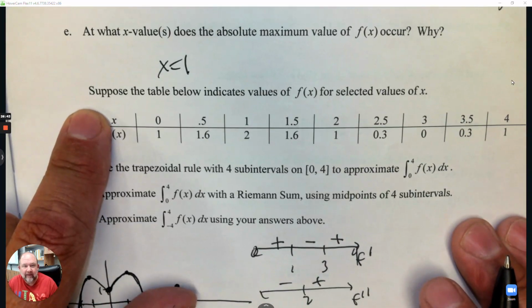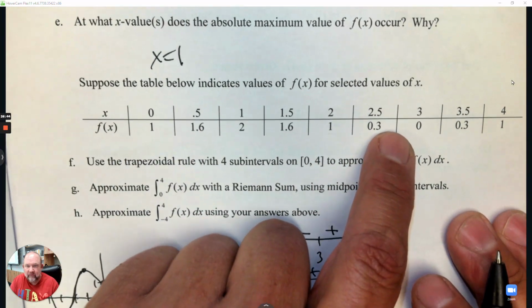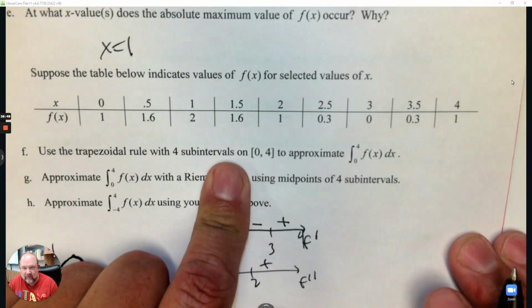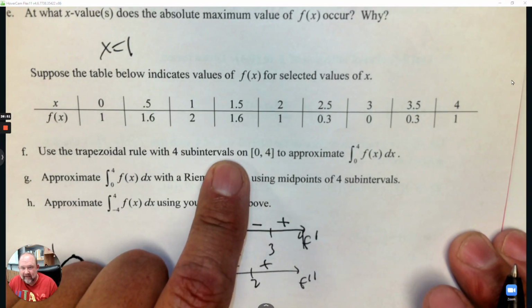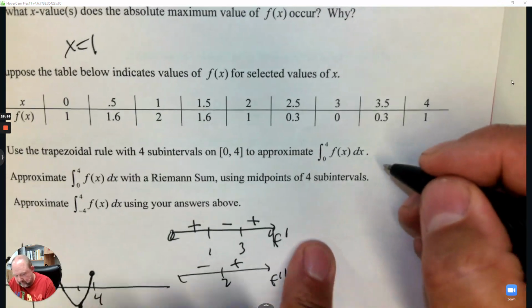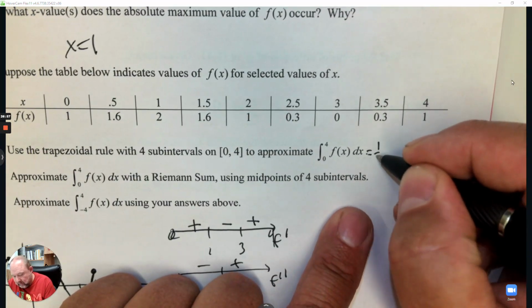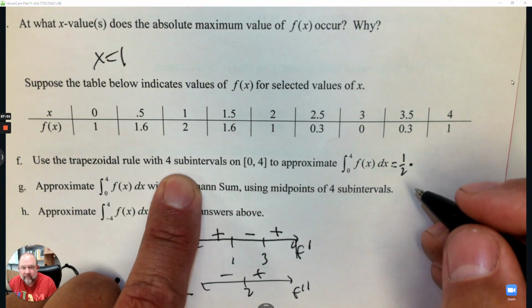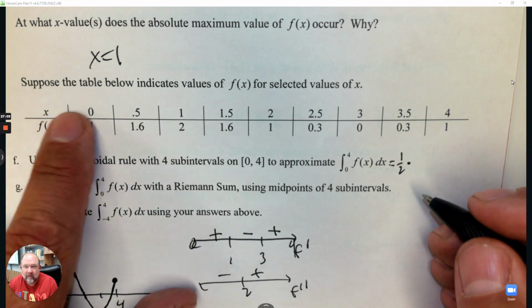Suppose the table indicates f at x for selected values. Use the trapezoidal rule to approximate the integration of that. So we start with 1/2, 4 subintervals. Here they are.